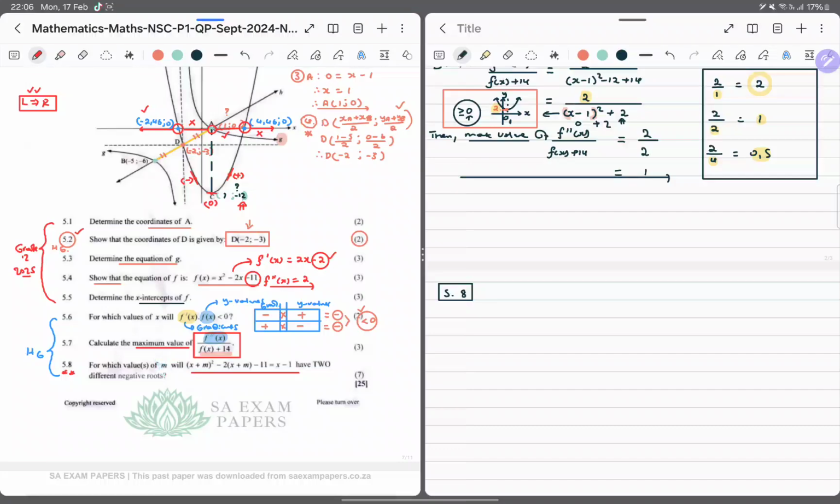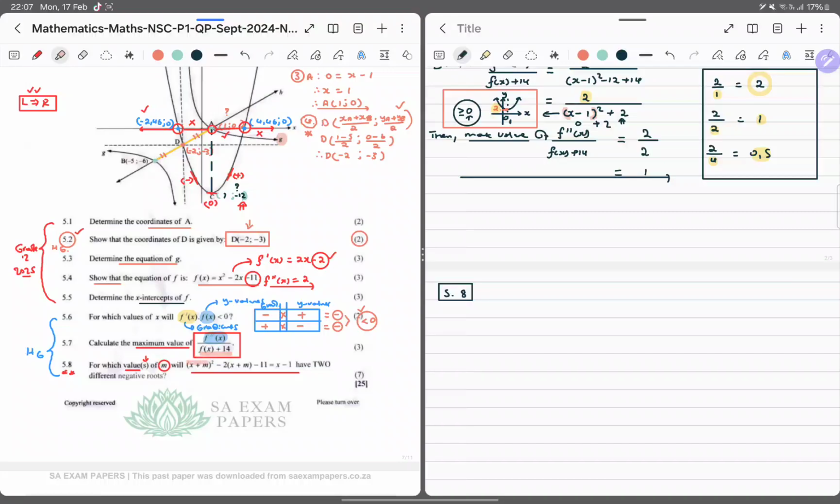Essentially, this is going to be the Lord of Lords. It says, for which value or values of m will (x + m)² − 2 equal (x + m)² − 11.